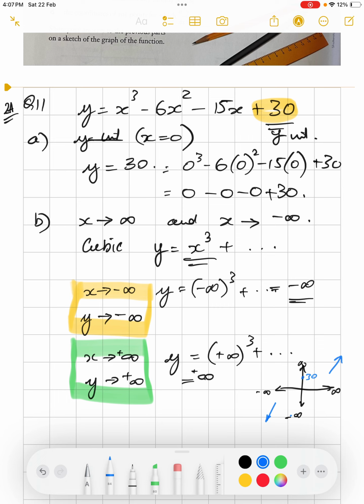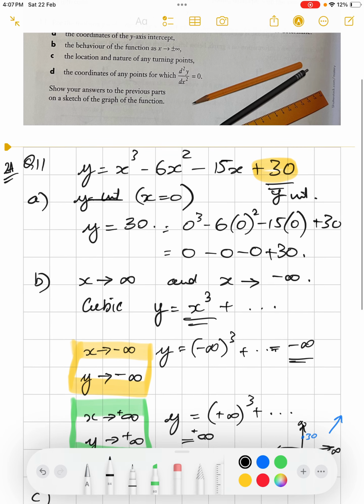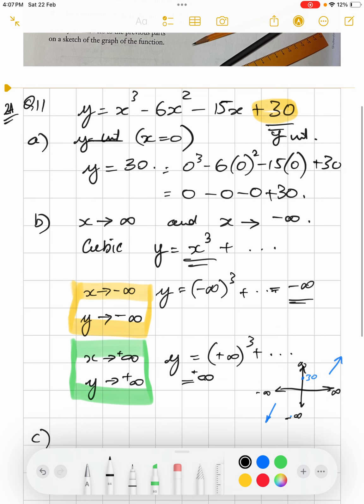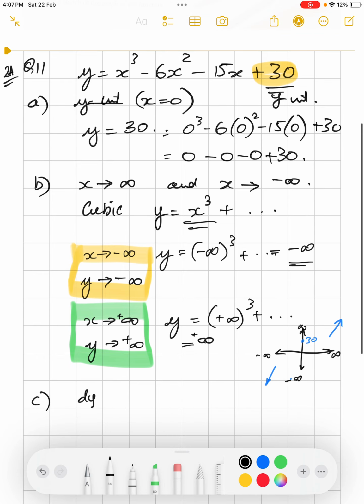Okay, part C. Part C is the location and nature of turning points. Well, the turning points are when the derivative is 0. So that's the stationary or the turning points. So let's have a look. dy dx will be, we've got up here our function.